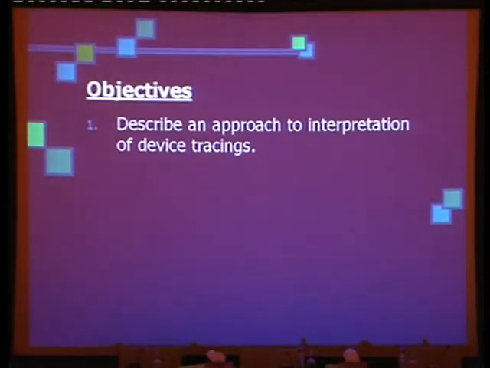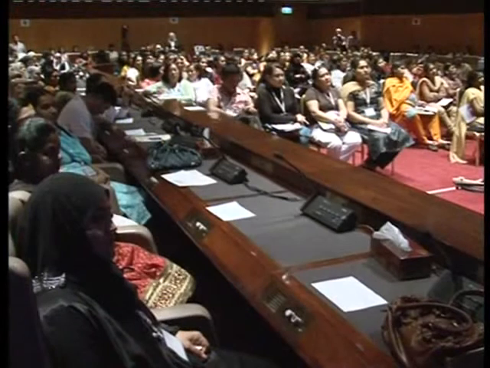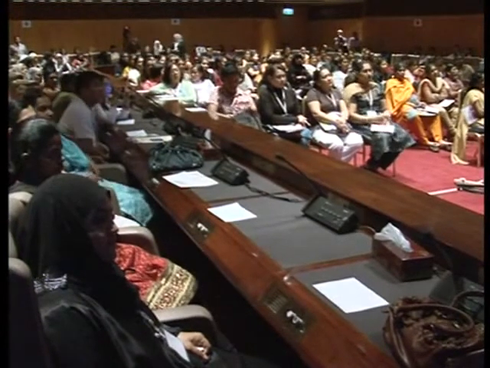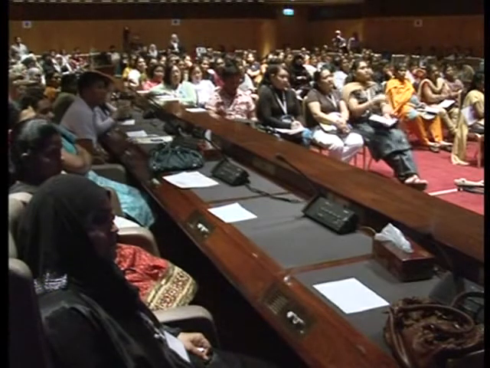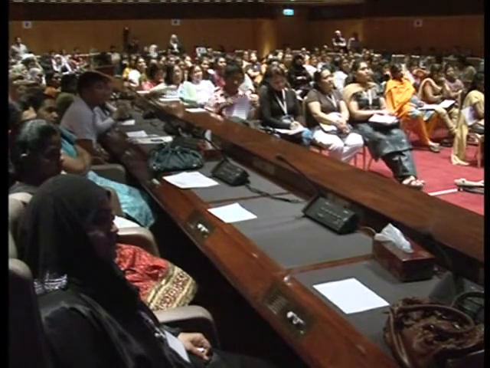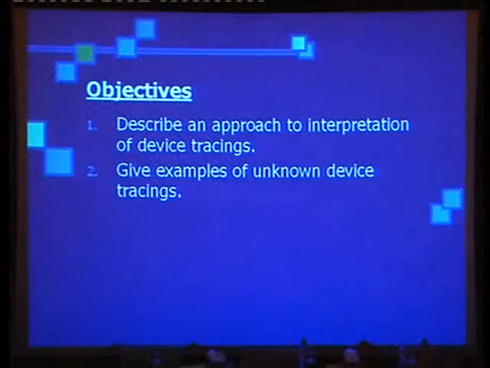So what are the objectives of this presentation? To describe an approach to interpretation of device tracing. Give examples of unknown device tracing, because in the critical care units, most of the time we face this kind of patient who has a pacemaker implantation.